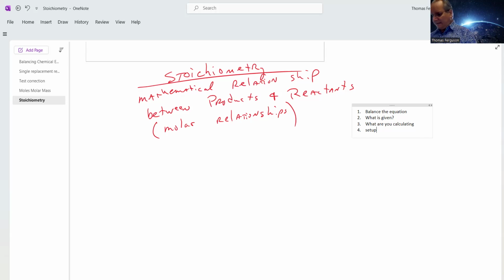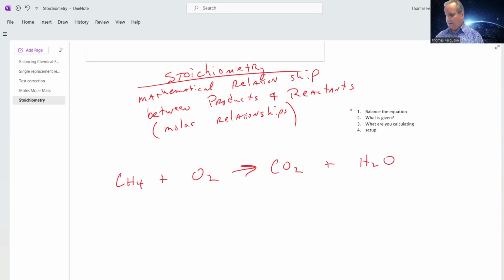So let's look at an equation here. We're going to take methane and burn it. We're going to get carbon dioxide and water.